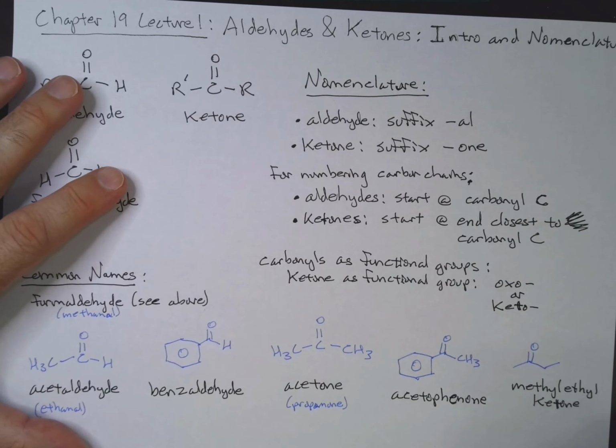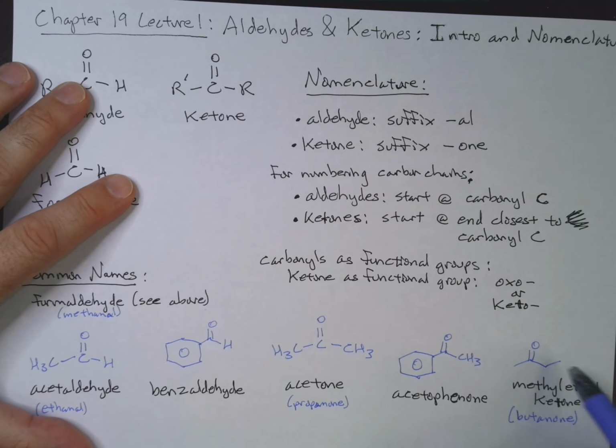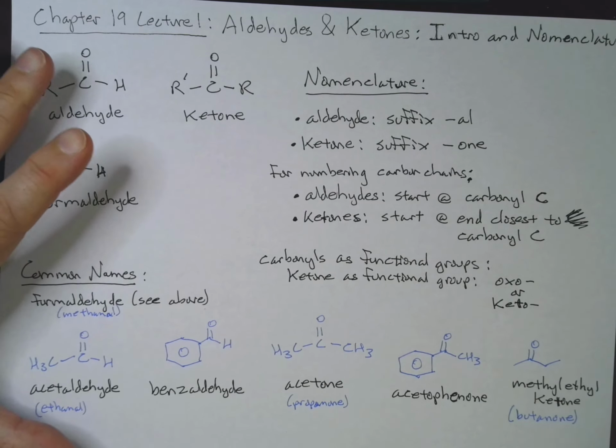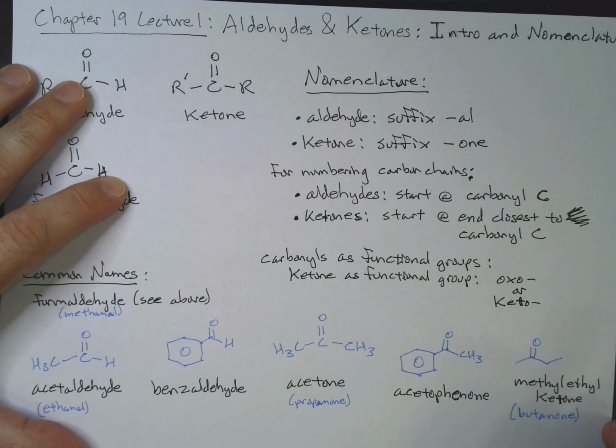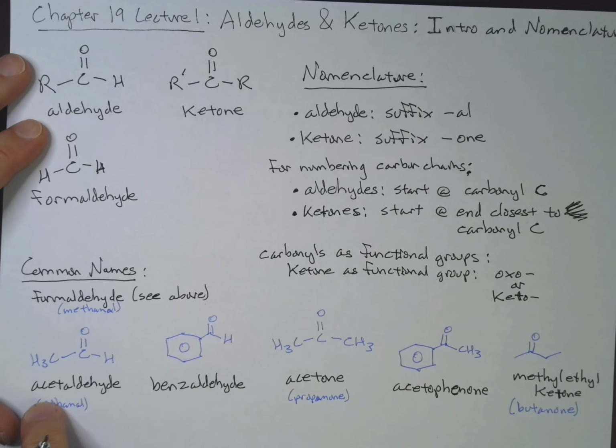But usually it's just called butanone or 2-butanone. There's really only one, because the way you number it, 1, 2, 3, 4, the carbonyl in butanone has to be on carbon 2. Anyway, that's an older system of naming things, and giving something a name like acetaldehyde, benzaldehyde, is also an older form.